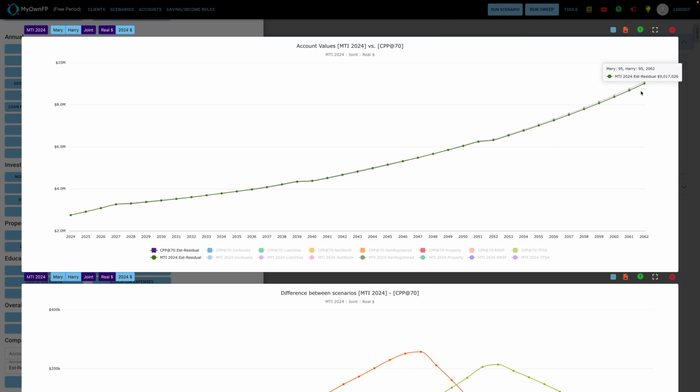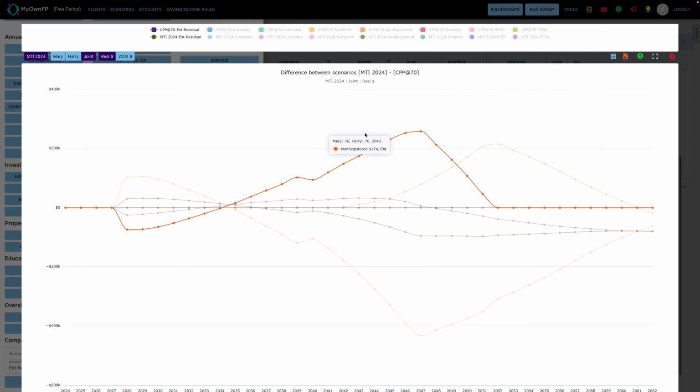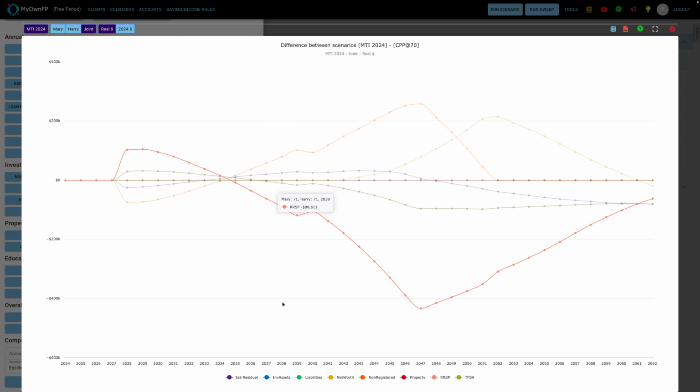Okay, so at the end of the day, the CPP at 70 wins out if you live to 95 by $80,000. But this is again $9 million. So let's take a look at understanding what that relative thing is here.